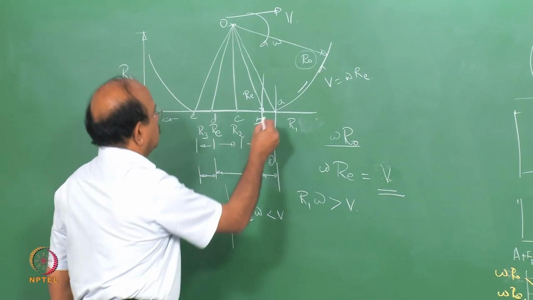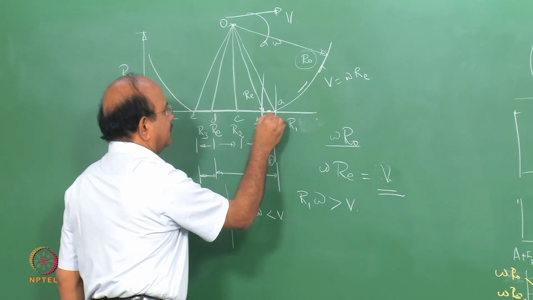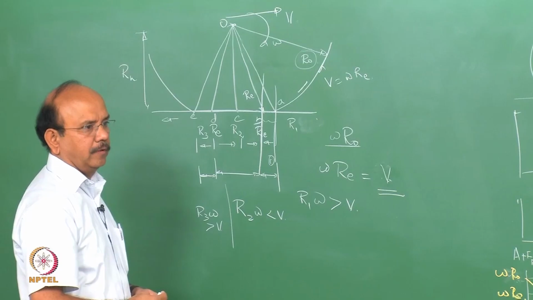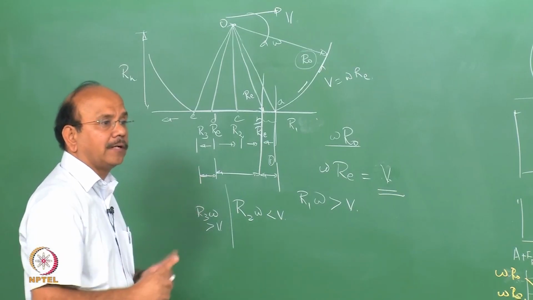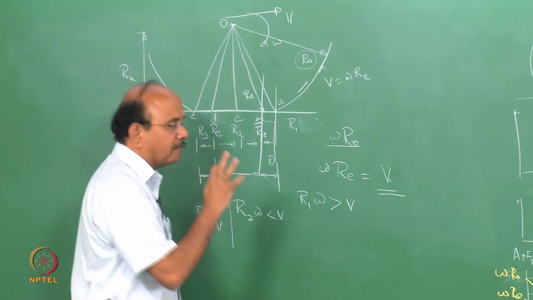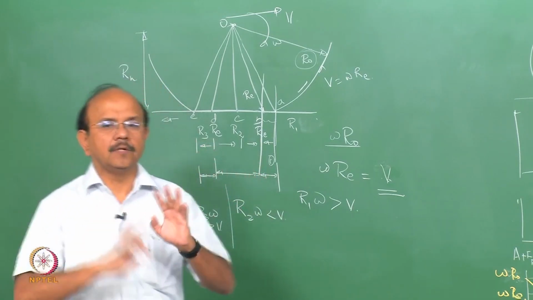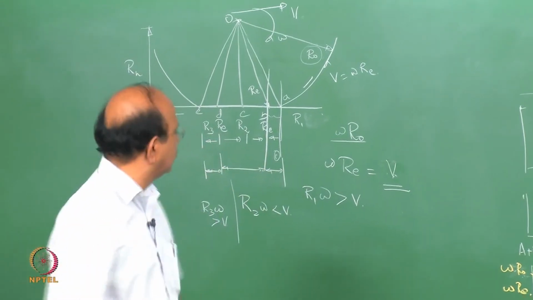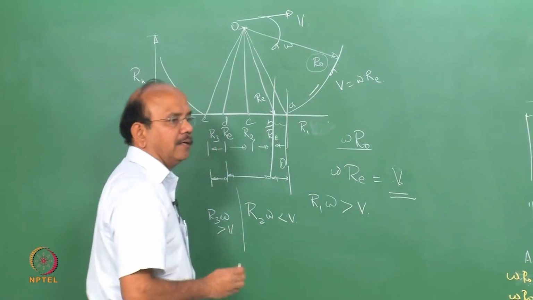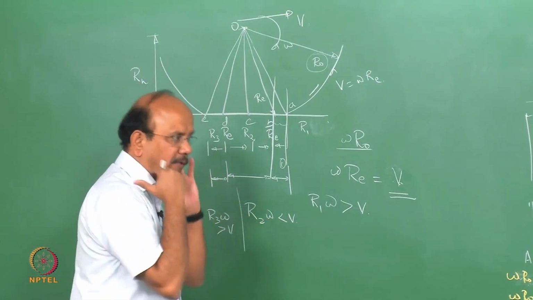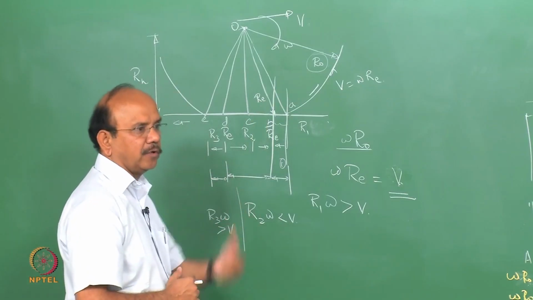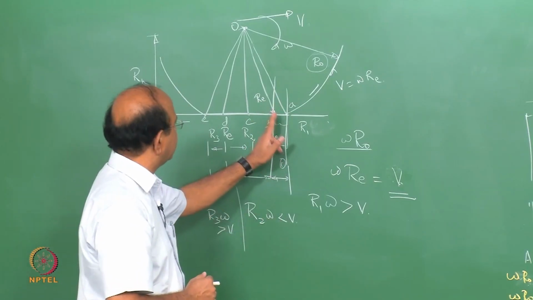As the points in the contact patch move, and we also saw in the last class how the contact patch is defined, you have to keep all those concepts in mind. As I move from this point to A to B in the contact patch, in other words, as the contact patch moves above me between A and B, in that region of the contact patch the radius is greater than RE.